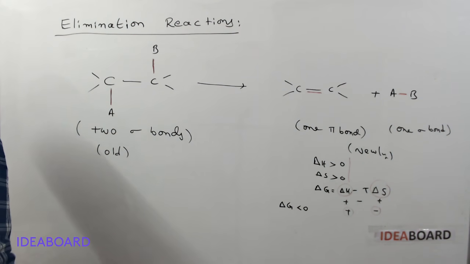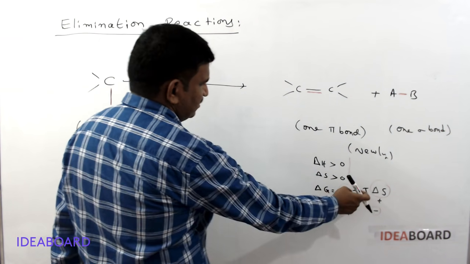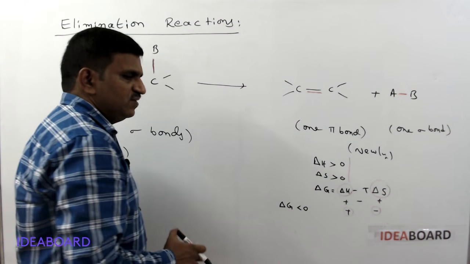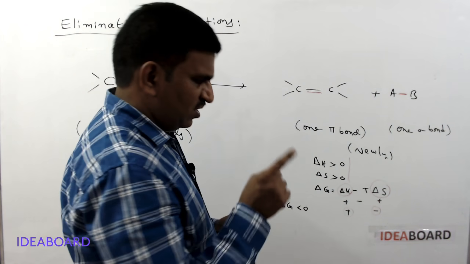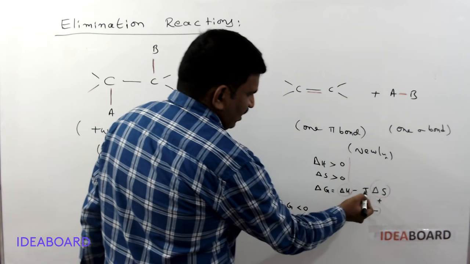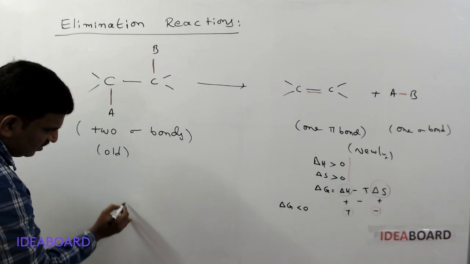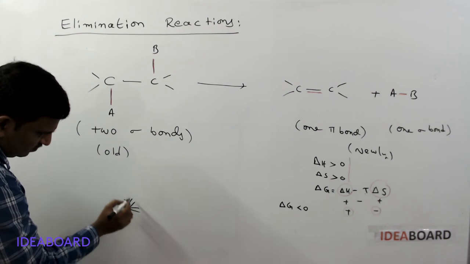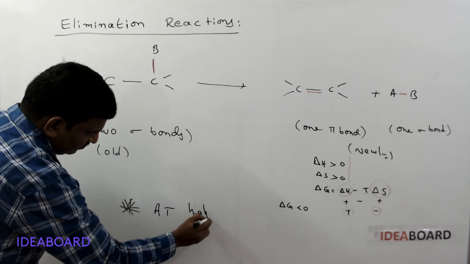Then what about delta G? For delta G to become negative, it depends upon the T value. Delta G is less than 0, or negative, when you have high temperature. Very important, please remember, at high temperature.